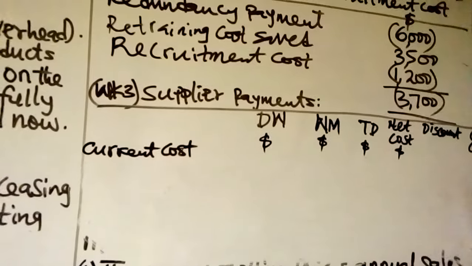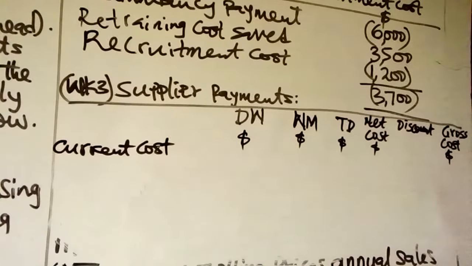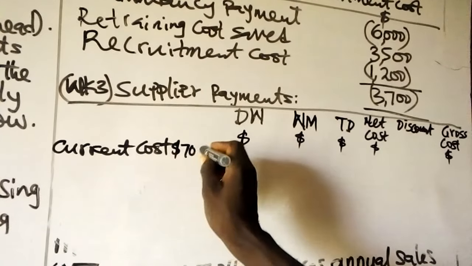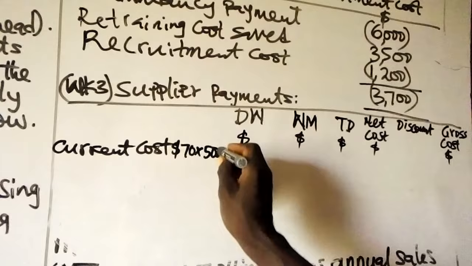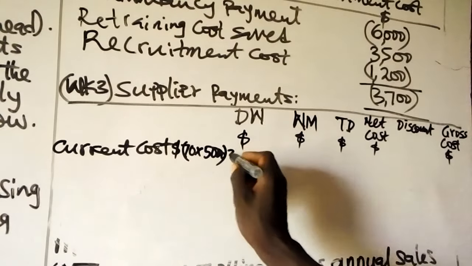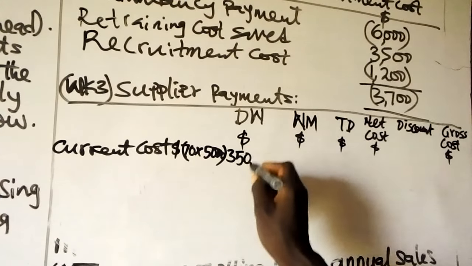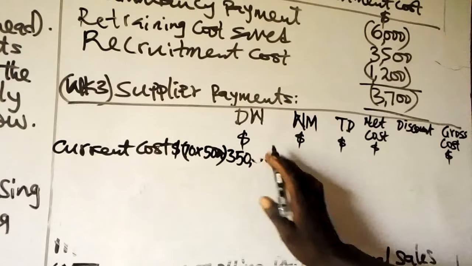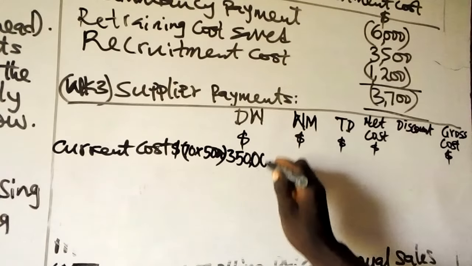So I will have 70 times 5,000, and that will give us 350,000.